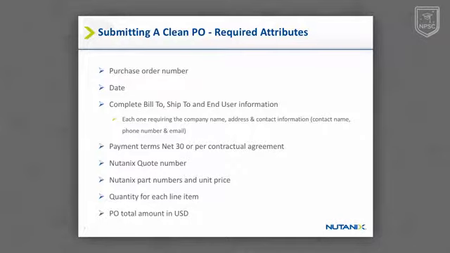Your order should also include payment terms, net 30 or your contractual agreed upon terms, the Nutanix quote number, the Nutanix part number and unit price, quantity for each line item, and your PO total amount in US dollars.